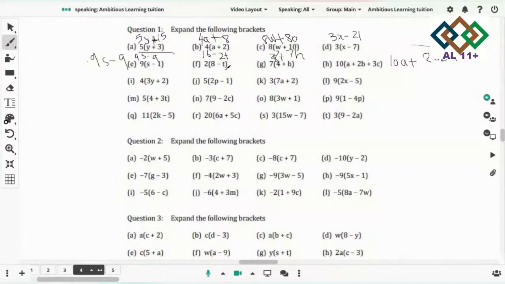The answer for this one would be 16 minus 2t. For G, your answer would be 28 plus 7h.